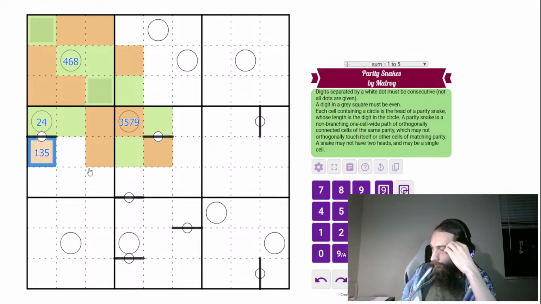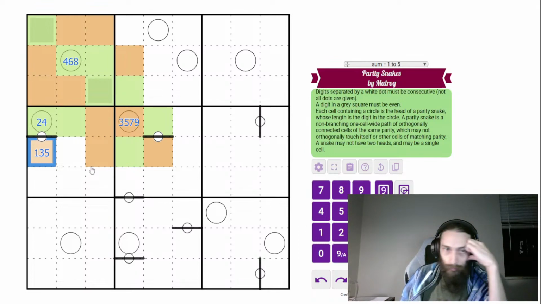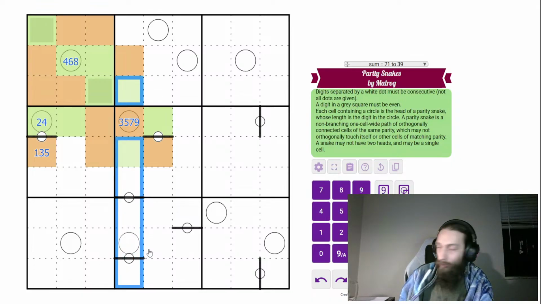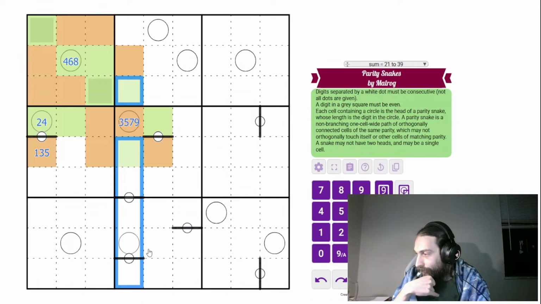Column 4 already has 3 out of 4. 1, 2, 3, 4 even digits. The last even digit is in the dot.